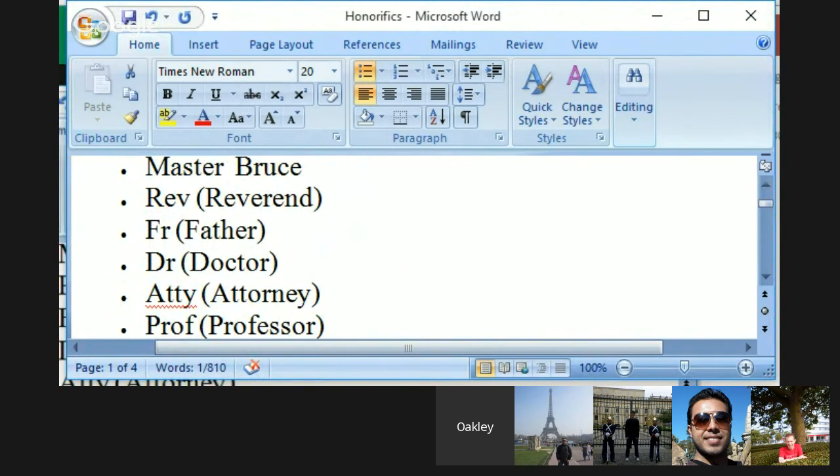Okay, let's look at the next. Actually, we should look at the next pair here. Okay, Carlos. Reverend and Father. What's the difference? I am not completely sure, but reverend refers, for example, to a priest for a church.